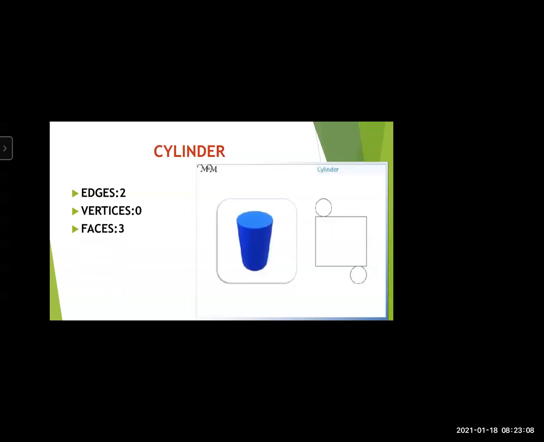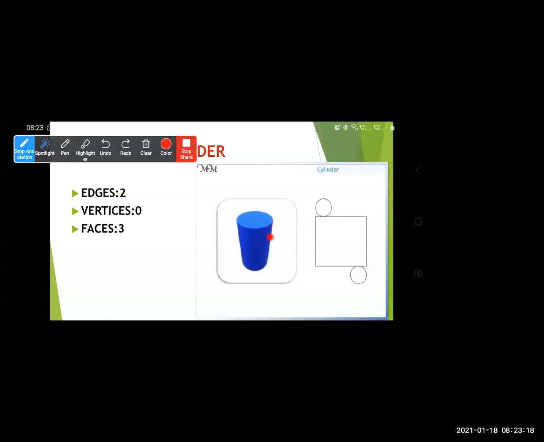Now faces, here there are 3. How come there are 3 faces? See here, I'll show you. This is circular face 1. Here to the bottom, this is the circular face 2. And this curved face is the third face.